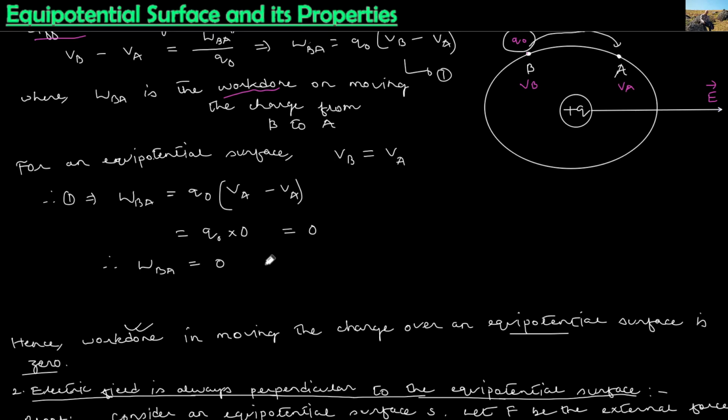We define that as a conservative force. So if the work done is 0, things are conserved or conservative in nature. That means the work done in moving the charge on an equipotential surface is conservative in nature.